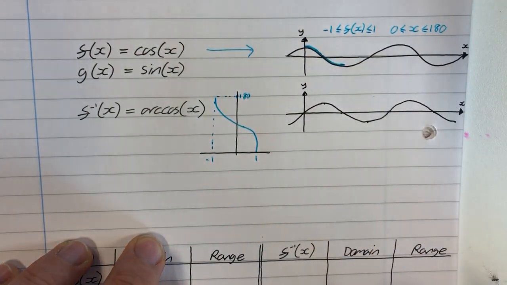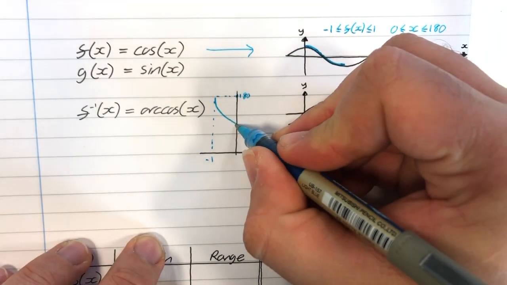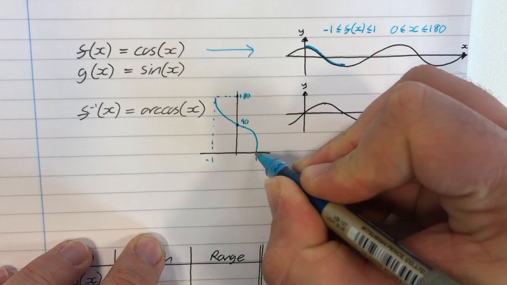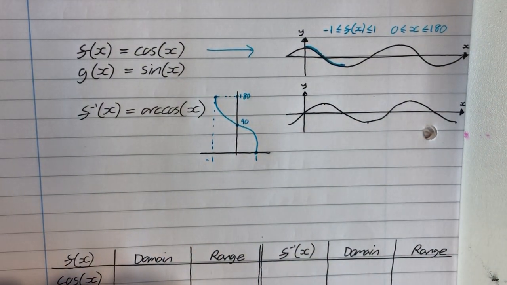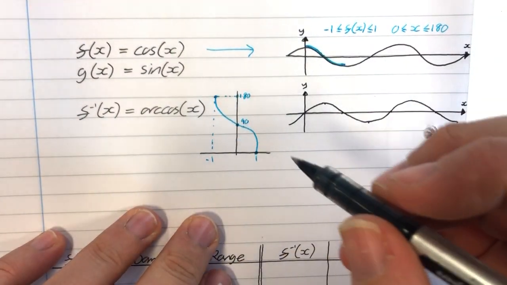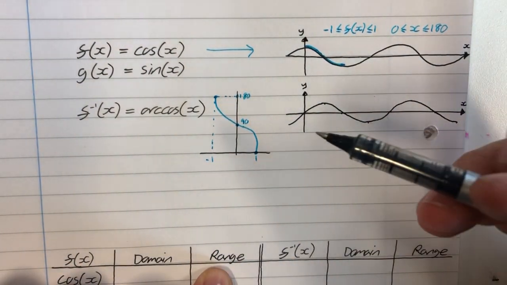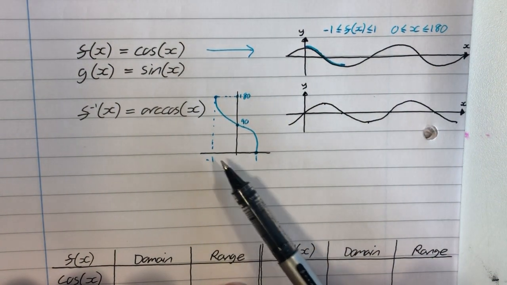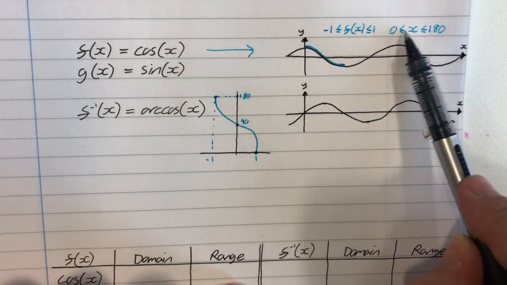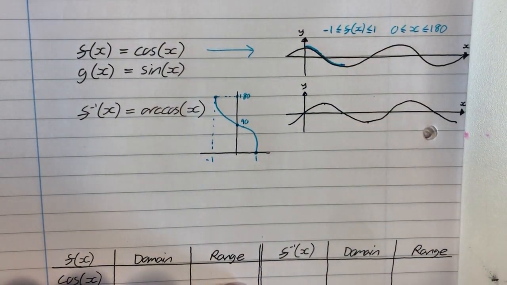And that's the graph of arc cos. That's the entire graph. It doesn't continue. It stops at that point there, and it stops at that point there. That is the entire graph. And we can see that the range of this is between 0 and 180, and the domain is between -1 and 1. So again, the domain and the range have swapped places.